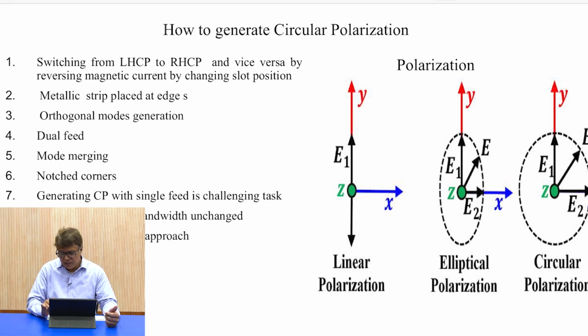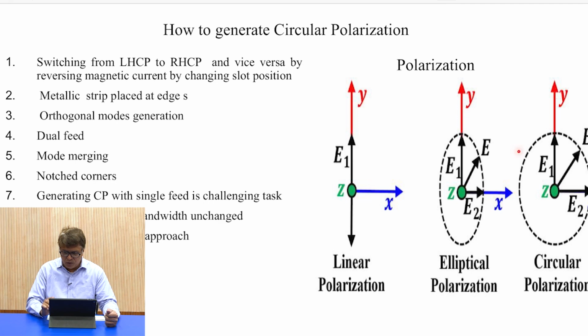If you see here, E1 and E2 are both perpendicular to each other, and the field will rotate either in clockwise direction or in anti-clockwise direction. If we are able to achieve clockwise rotation, we will say it is right hand circular polarization, RHCP.